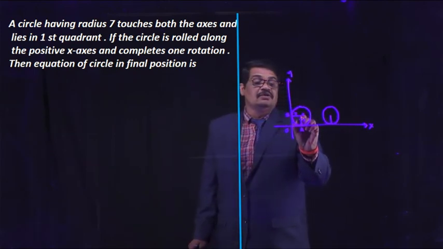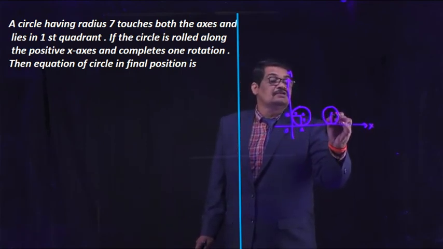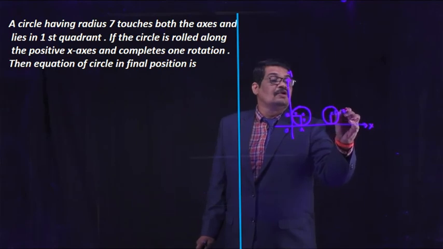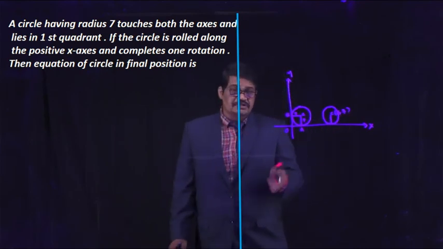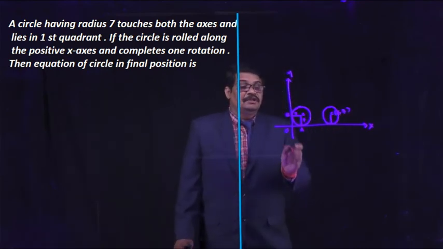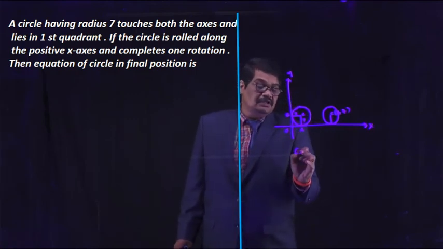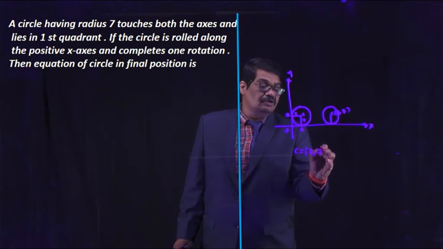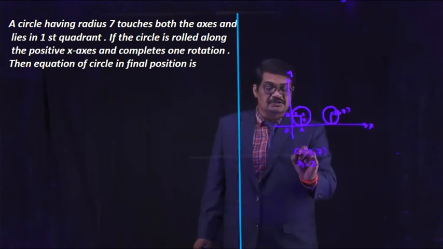This is the y coordinate of the center, that is also 7. Now I have to find the x coordinate, that is say x. Now what is the change of the x coordinate? In the first position, what is the x coordinate? The center in the first position is 7, 7 and radius is also 7, that is C1.